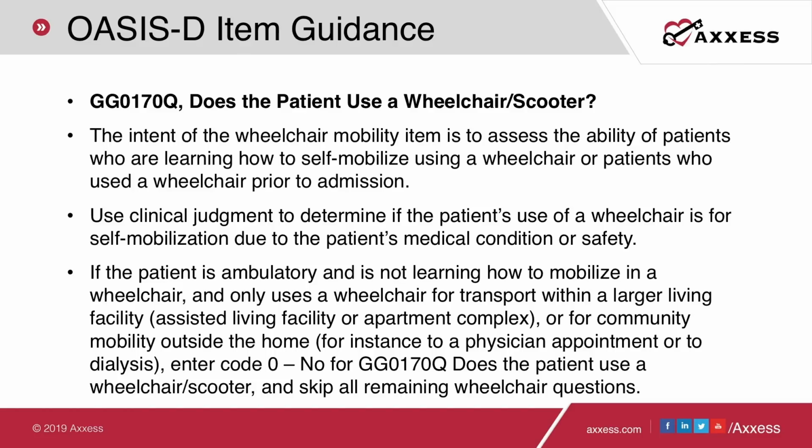If the patient is ambulatory and not learning how to mobilize in a wheelchair and only uses the wheelchair for transport within a larger living facility, such as an assisted living or an apartment complex, or for community mobility outside the home, like going to a doctor's appointment or dialysis, then you code 0, no, for does the patient use a wheelchair or scooter, and then you skip everything else.